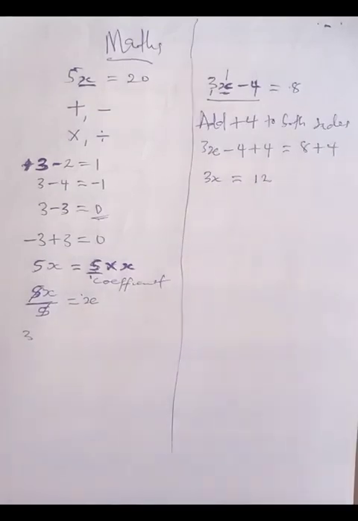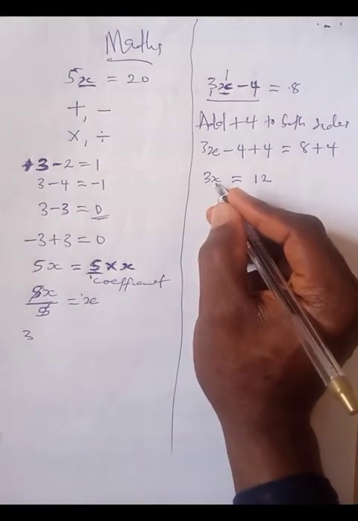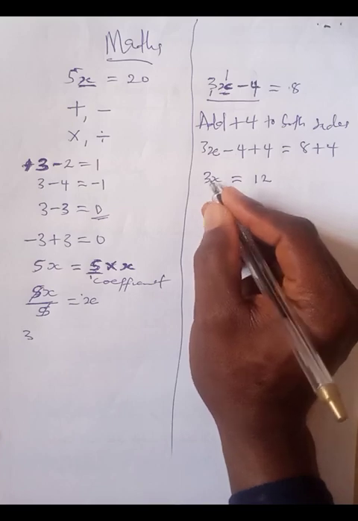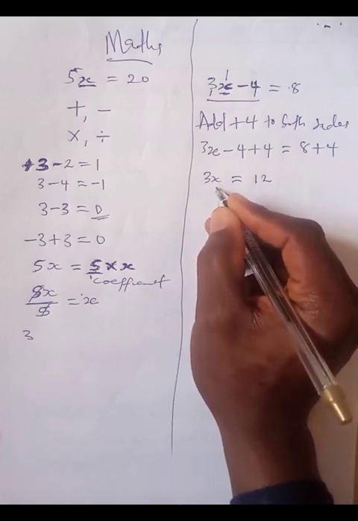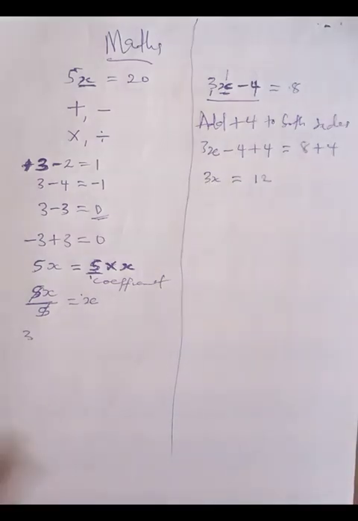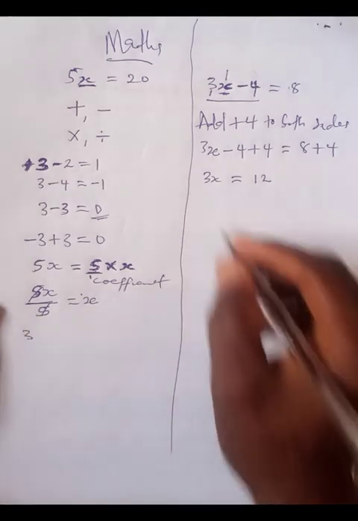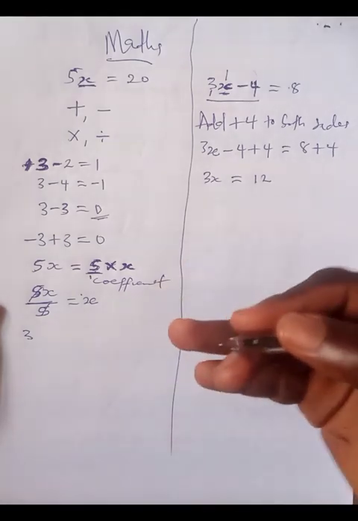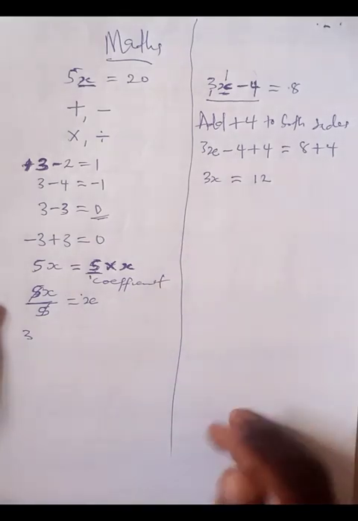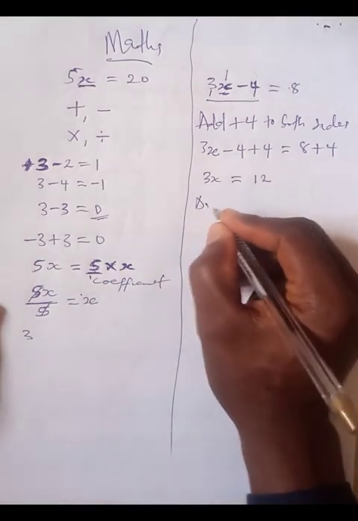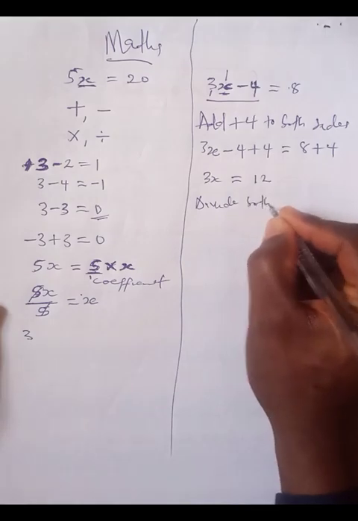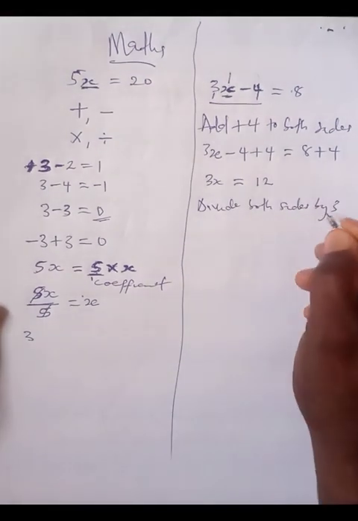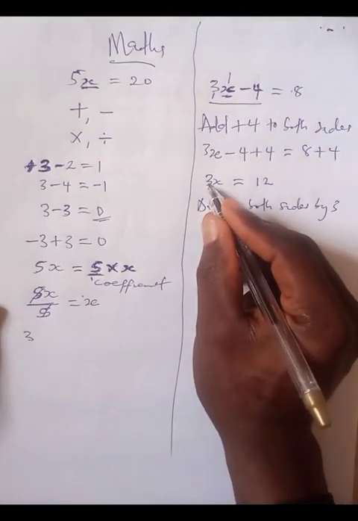This is our x, the bird. So this thing is attached to this x by what operation? Who can tell me? Yeah, you are right. Multiplication. So what is the inverse of the 3 attached to our variable? Who can tell me? You are right. Division. So we are going to bring divided by 3. So you divide both sides by 3, because it is the inverse of these 3.